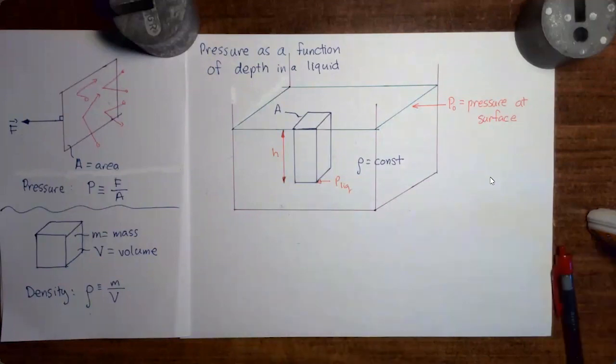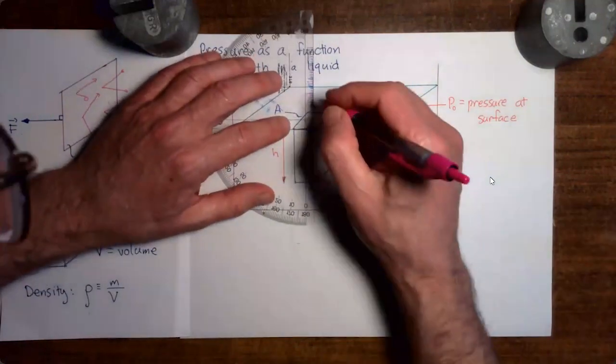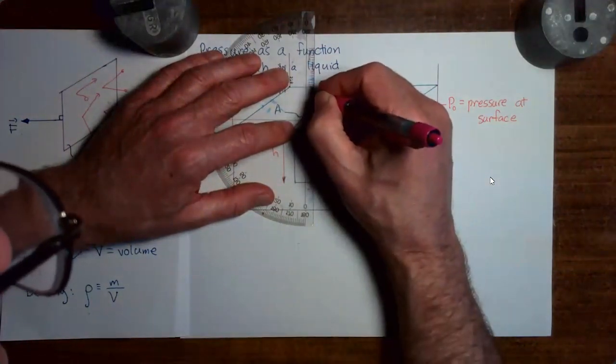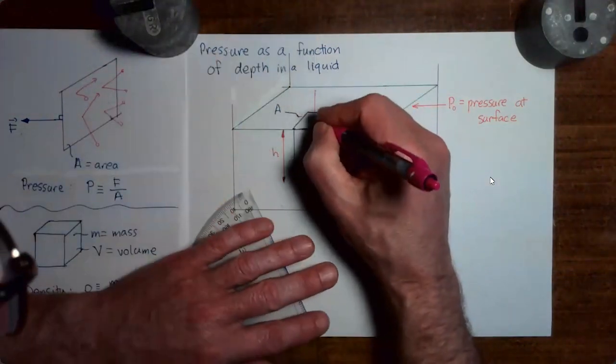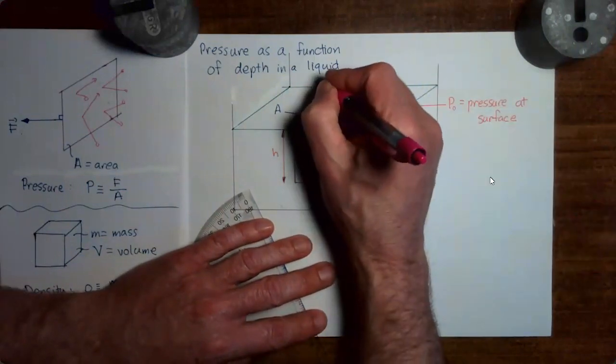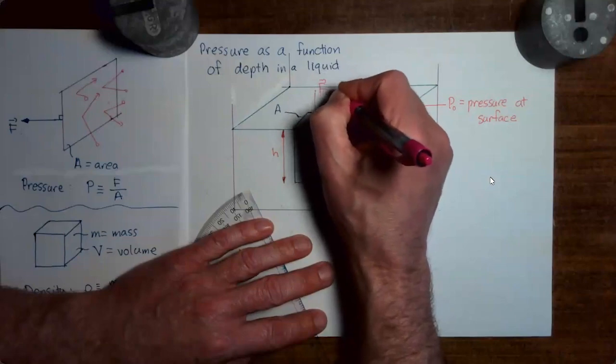We're going to start by drawing a force diagram. And this will look a lot like what I did in the previous video. So here's our force diagram. At the top surface, I have a force from the atmospheric pressure pushing down on the liquid. So let me call that F atmospheric.